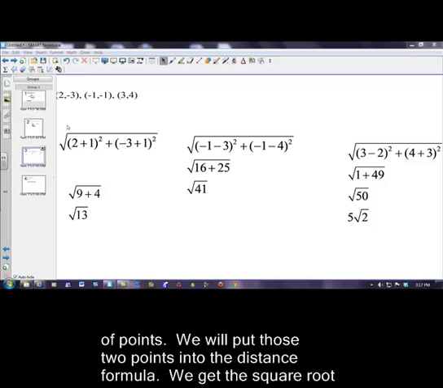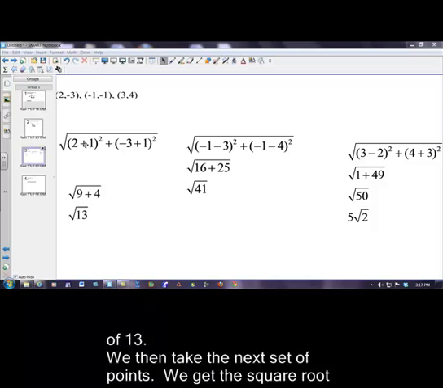So I've taken the 2, subtract -1, that's where I get 2 plus 1, and -3, subtract -1, that's where I get -3 plus 1, and I've put those points in the distance formula. 2 plus 1 is 3, and 3 squared is 9. -3 plus 1 is -2, and -2 squared is 4. So the distance between these 2 points would be the square root of 13.